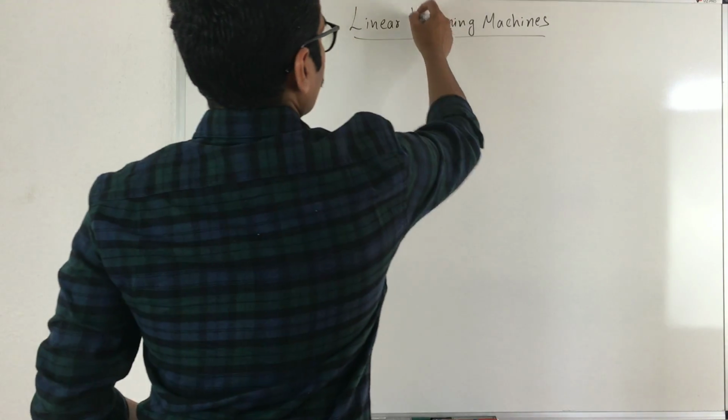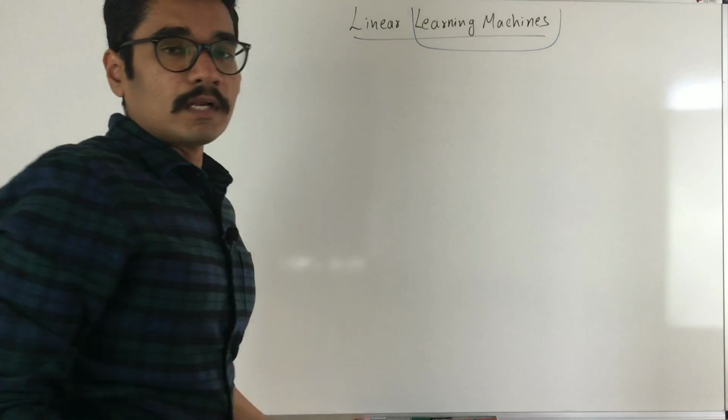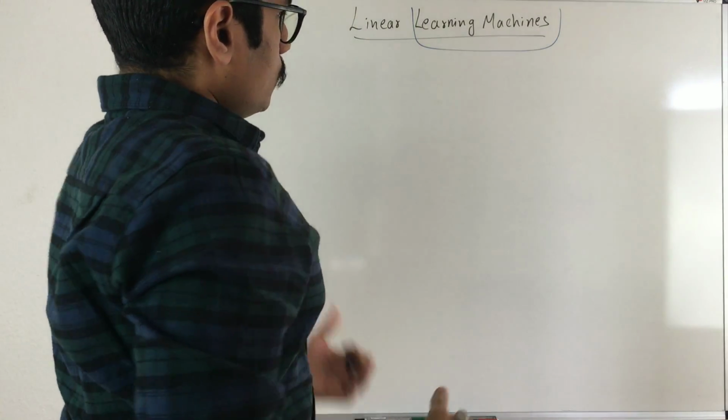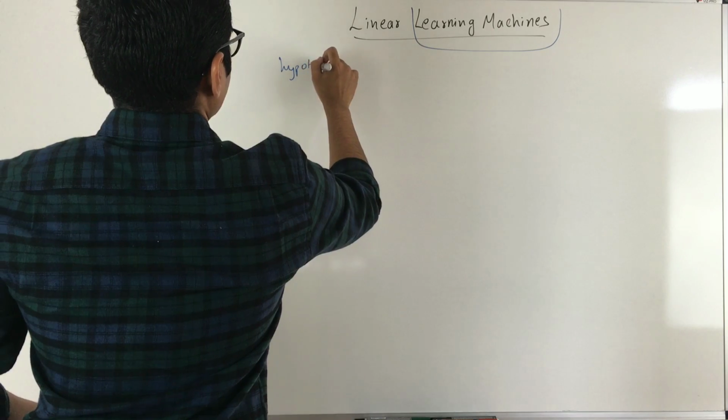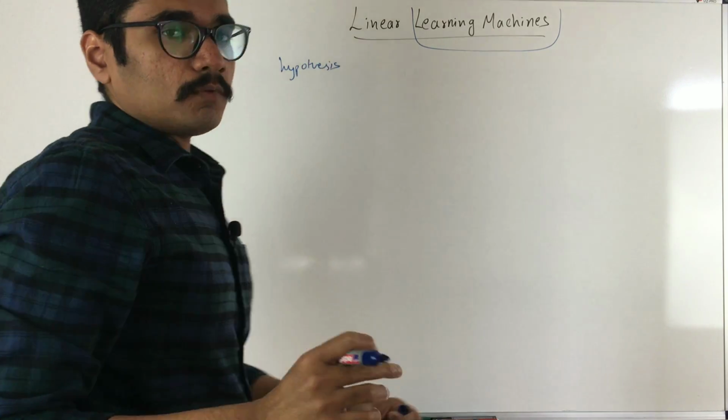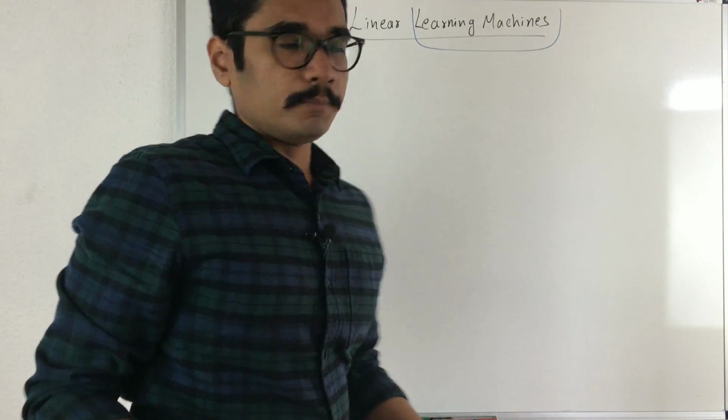First of all, what are learning machines? A learning machine is something which makes a hypothesis of a linear combination of its input variables.